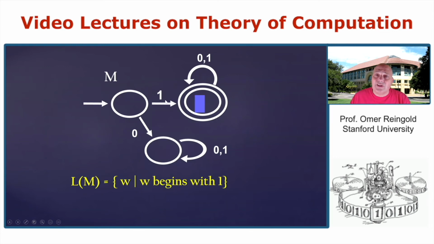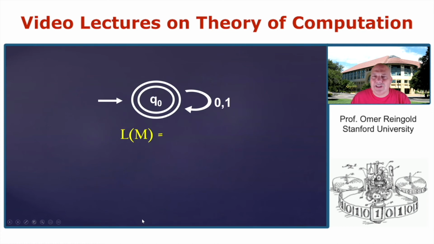And so everything that starts with 1 is going to be accepted. If you go with 0, you get to a non-accept state, which is again a sink, so you cannot escape it. It's a dead end. So you have two dead ends, and whenever you start with 1, you get to the accepted end. When it's 0, it's the rejected end. So this is the language here.